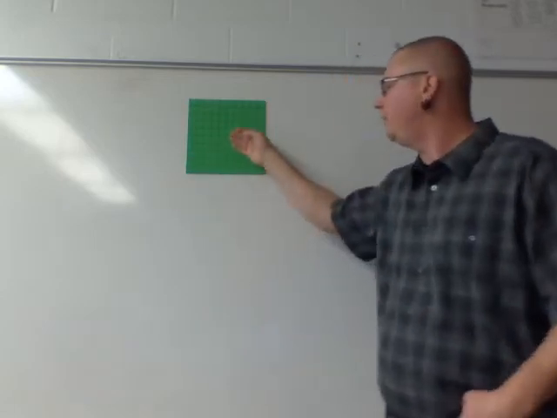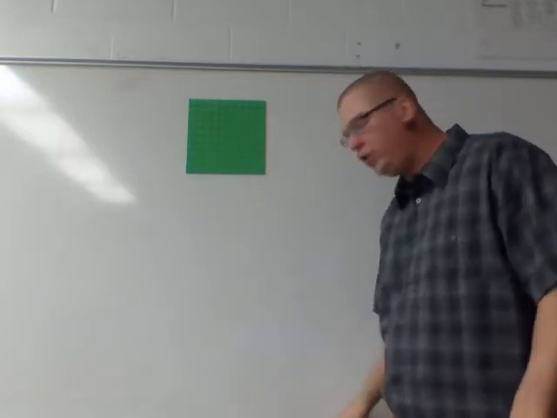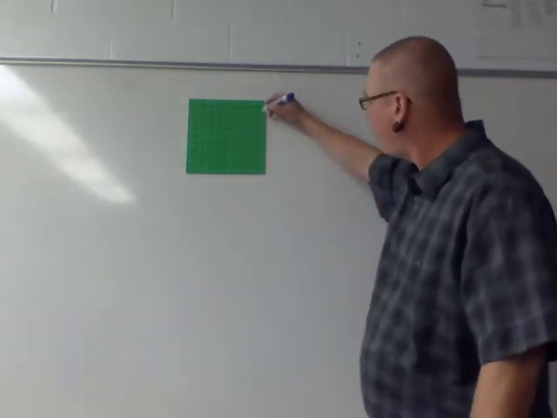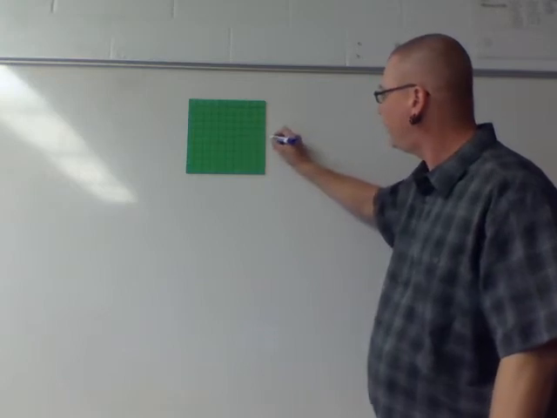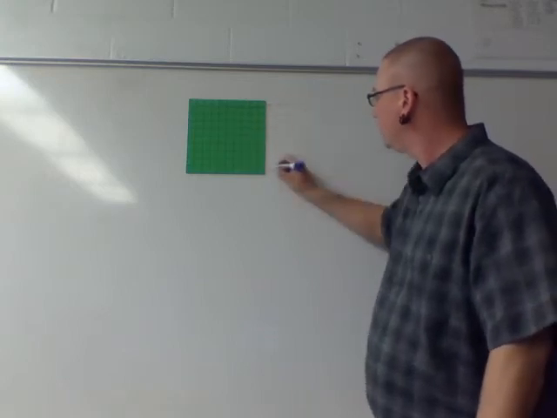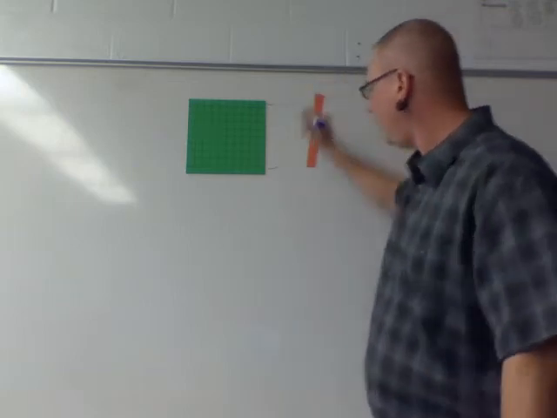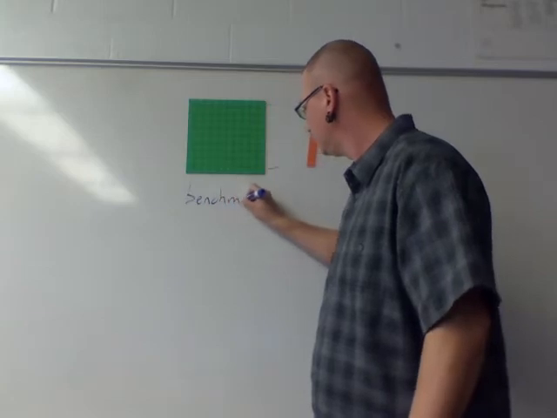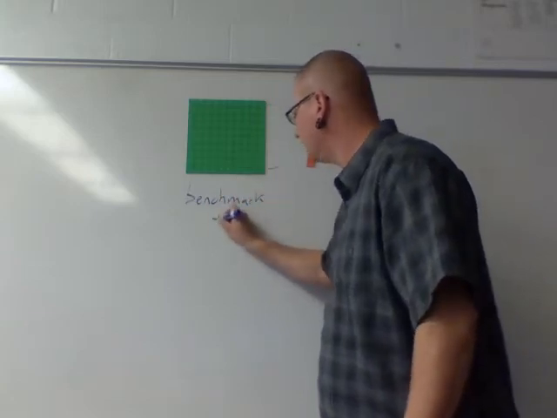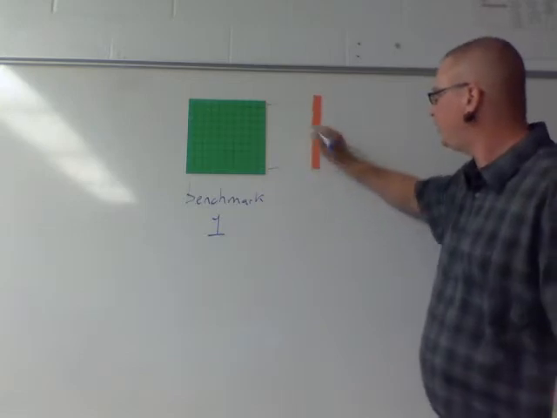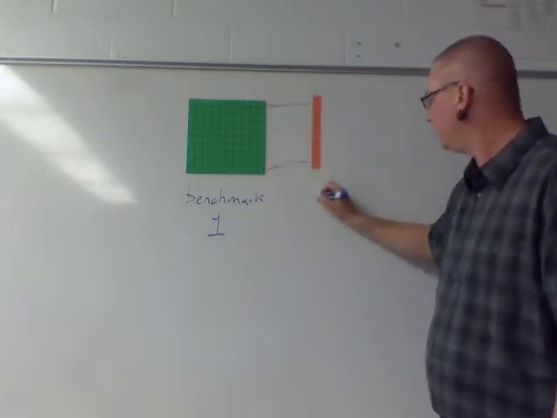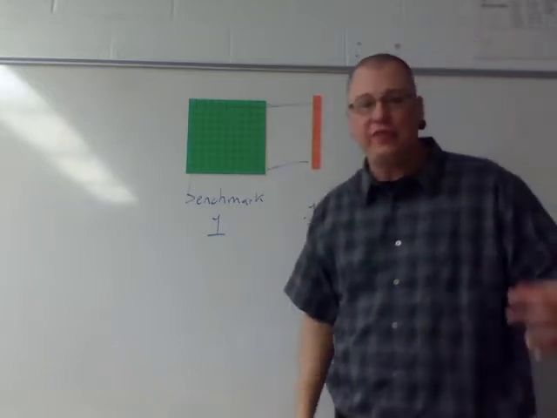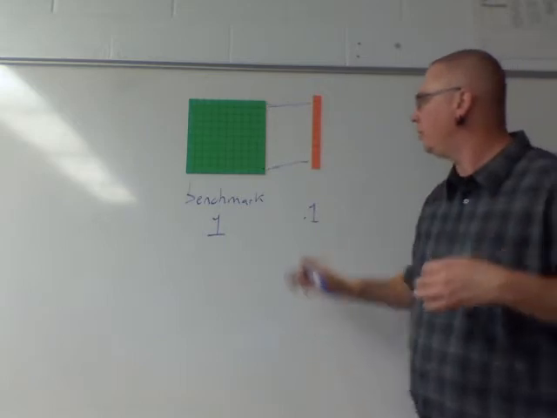That way we can see visually that in our new understanding of base 10, when we're looking at pieces smaller than 1, our strip here, our stick that we would normally use, if this is our benchmark, which is 1, this stick is going to be 1 in our tenths place, or 1/10.